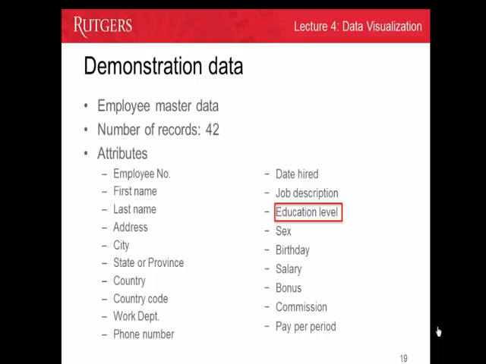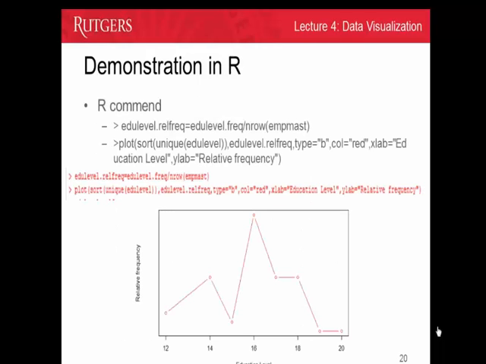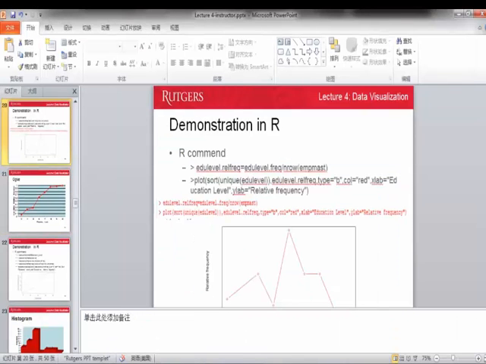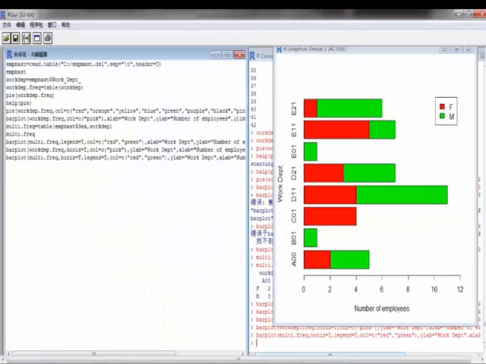Okay. Then I'm going to show you how to create a line chart in R. Then we go back to R, because now we have chosen another column. So we have to define this column first.